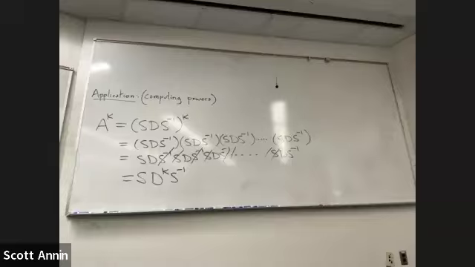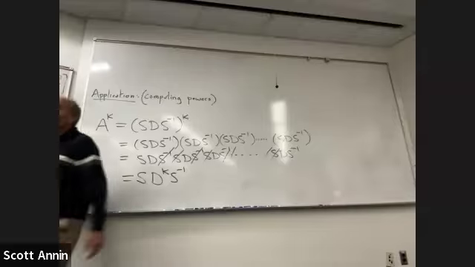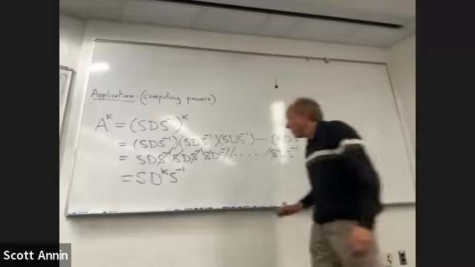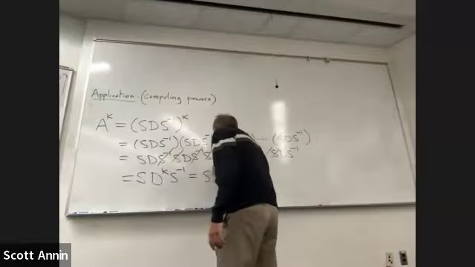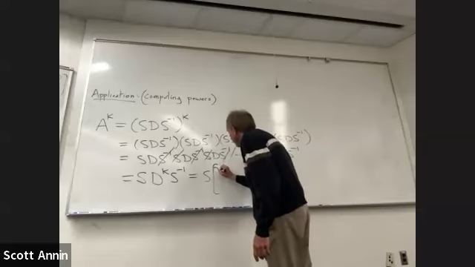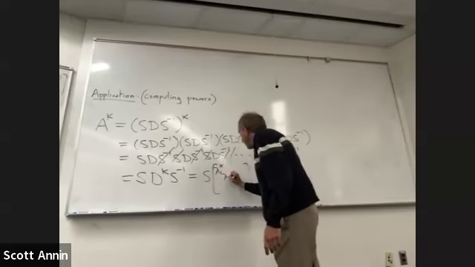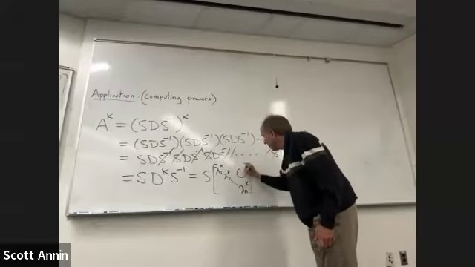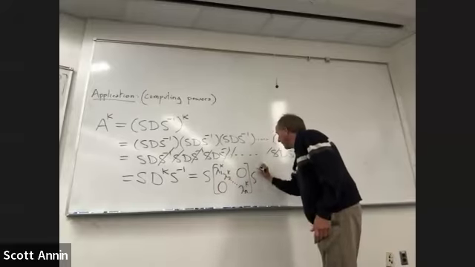So if I had the diagonal matrix with 2 and 5 and I want to multiply it by itself, if you just do your matrix multiplication, you'll get 4 and 25. It will just simply square the diagonal entries, which is really, really nice. This is just S times the matrix whose diagonals are just getting powered up to the kth power, everything else still 0, and then S inverse.